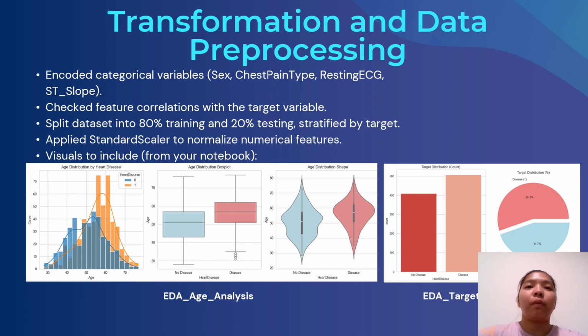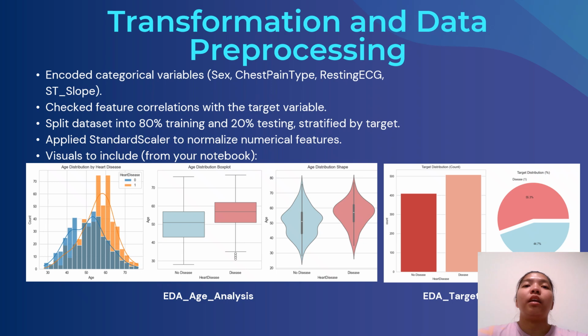Here are the key preprocessing steps we performed: encoding categorical variables, such as sex, chest pain type, resting ECG, and ST slope, converting them into numerical form for the algorithm to understand. Checking feature correlation with the target variable to identify which factors most strongly influence heart disease.